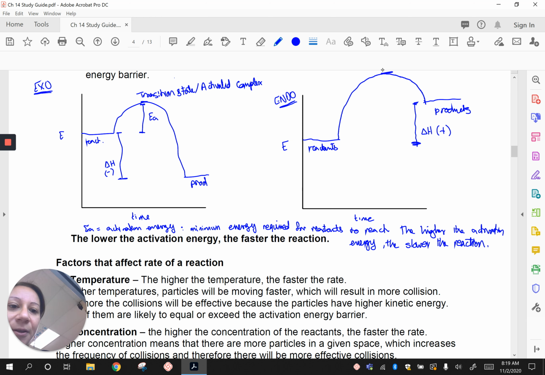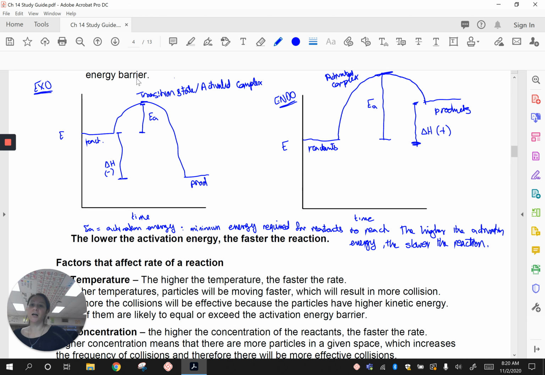The top of the hill there is your activated complex or transition state. Between where the reactants are and that transition state, this is your activation energy. So again, that activation energy barrier is what you need to surpass in order to have an effective collision and have a reaction.